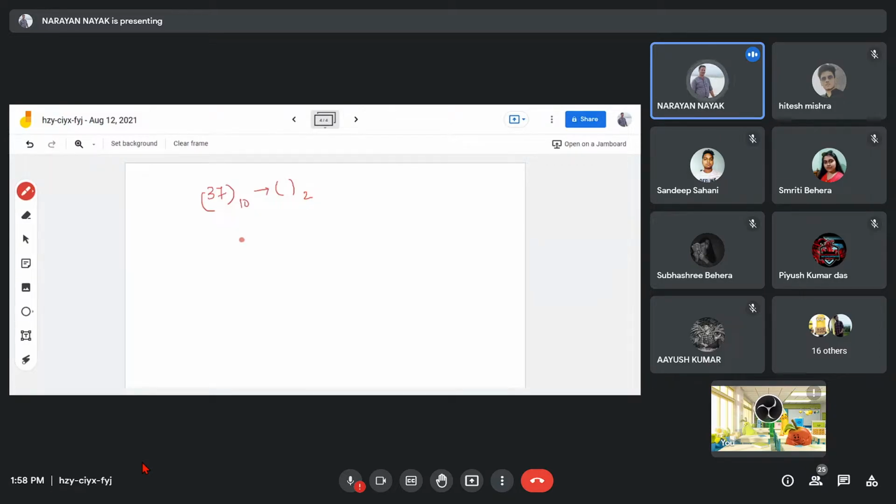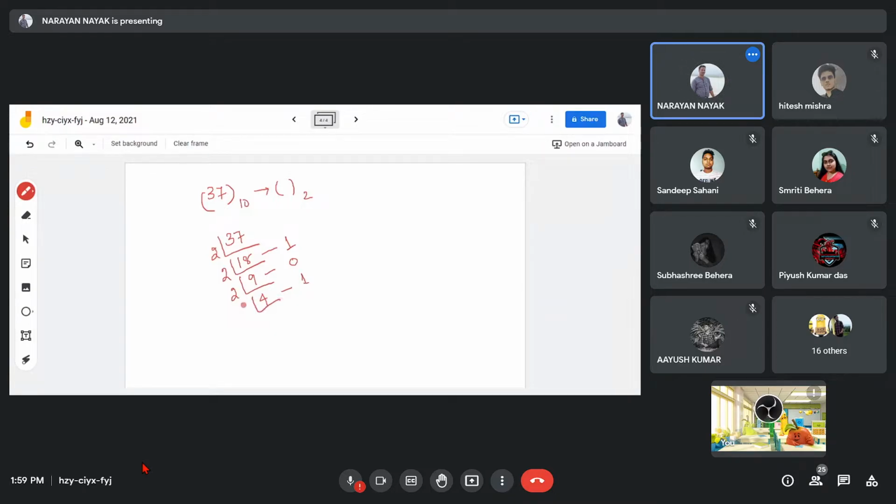If you have to convert decimal to binary, you divide 37 by 2. You get 18 and 36, and the remainder is 1. Similarly, dividing by 2, you get 9, and the remainder is 0. Then 2 into 9 is 4, the remainder is 1.